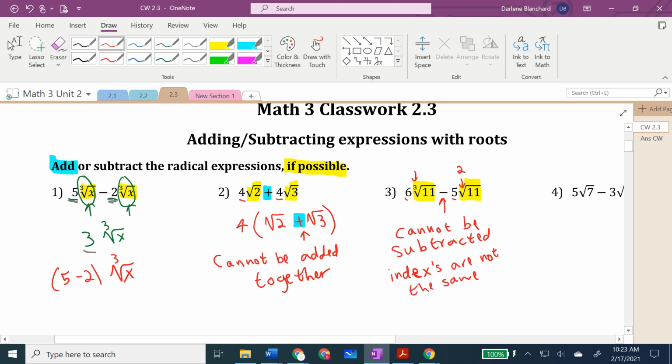And I want to go back to number 2 and point out that the indexes are both the understood 2, but the radicand is not the same.